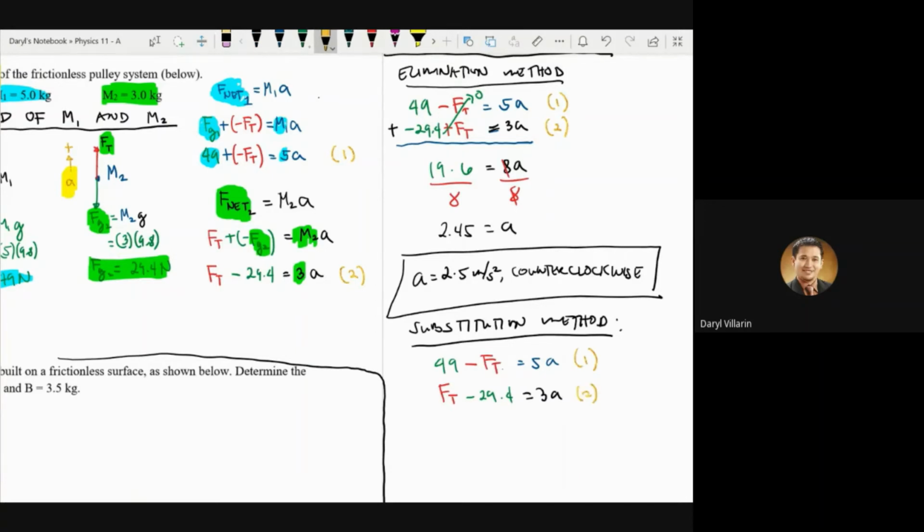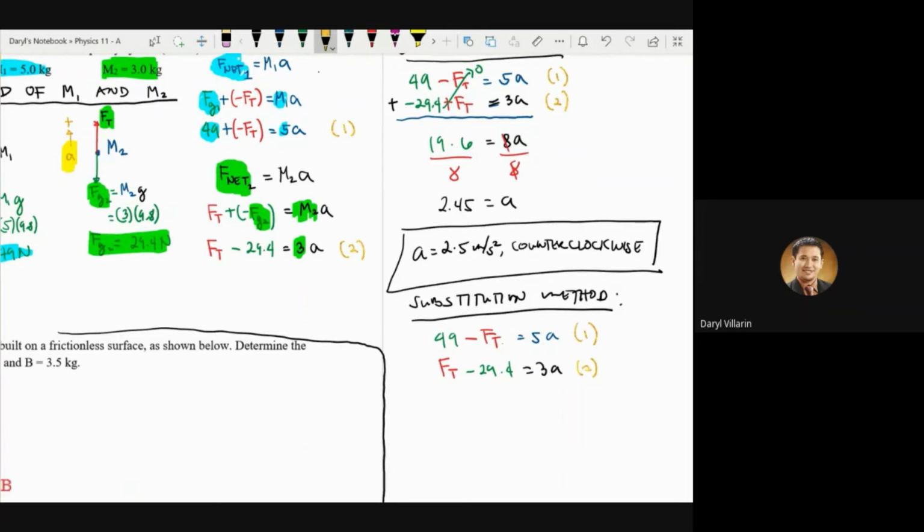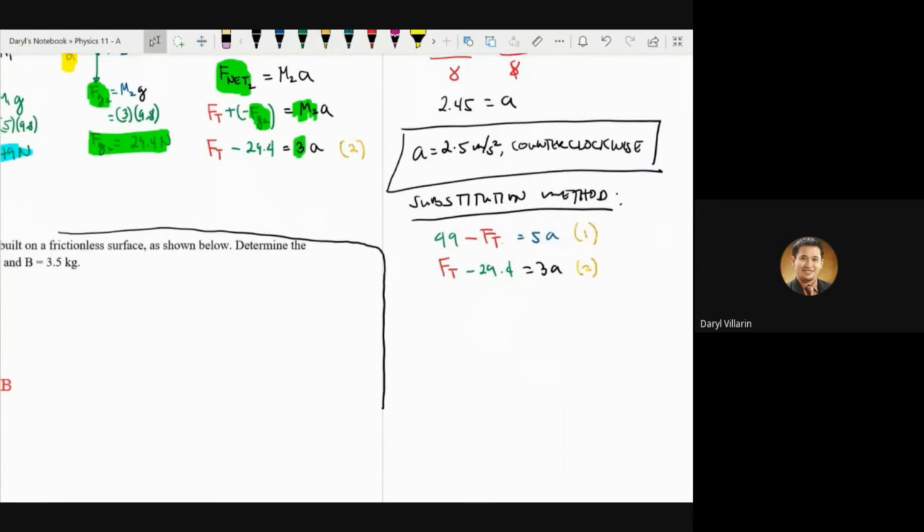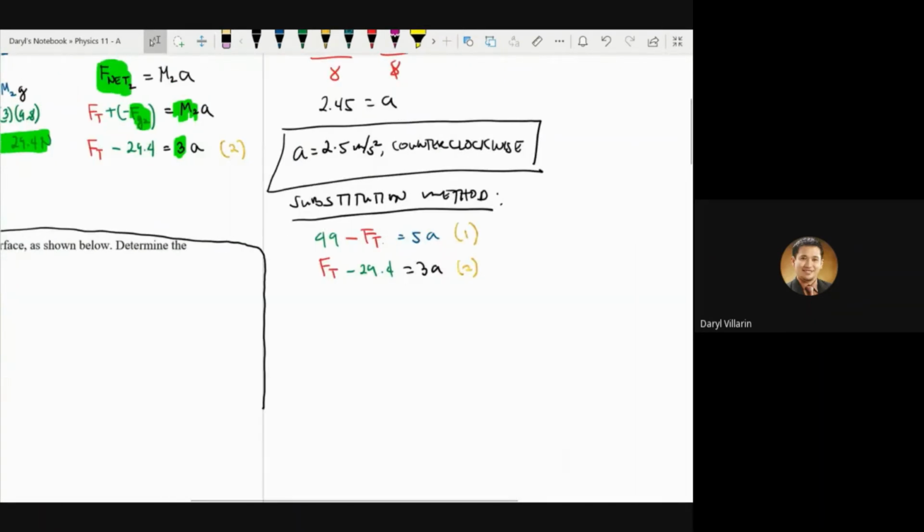So in substitution method, you just have to express one unknown in terms of the other. So let's say, for example, I want to solve for A, right?